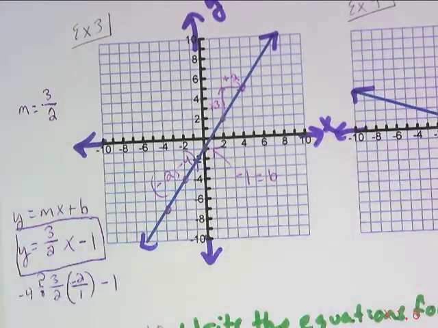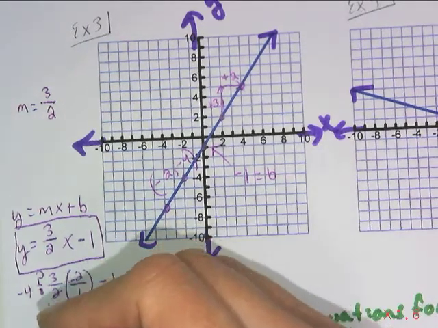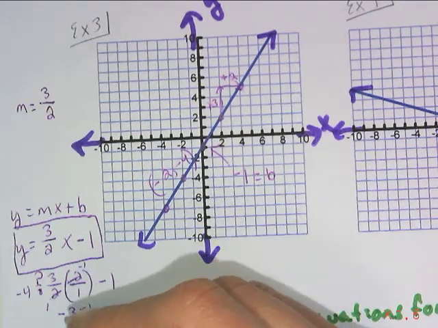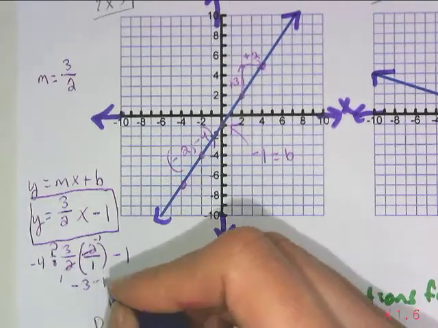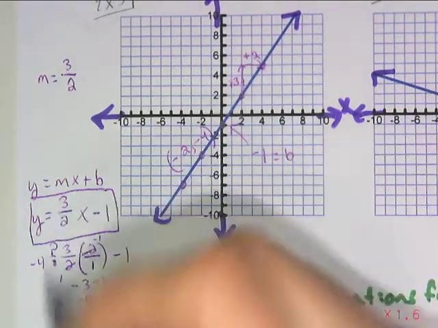If I simplify the right side, I have 2 on the top and 2 on the bottom. That's a -1. We got -3 minus 1, which is -4. So there's another way to test to see if your equation is correct.